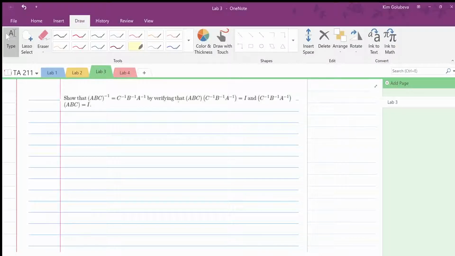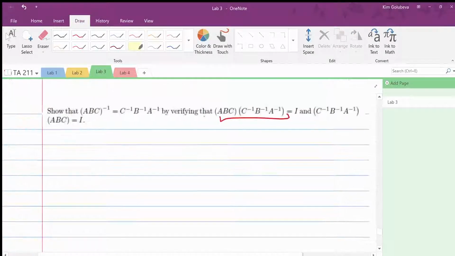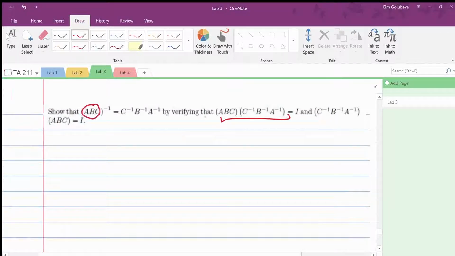So you guys, this question is pretty much the exact same as the last one, except now we have 3 terms in here. We're trying to show that the inverse of ABC is equal to this guy here. And how do we show that the inverse of something is something else? Well, we multiply that something else by that something. Okay, that was a lot of somethings, but you get what I'm saying.